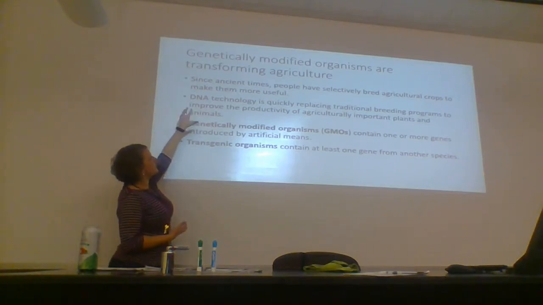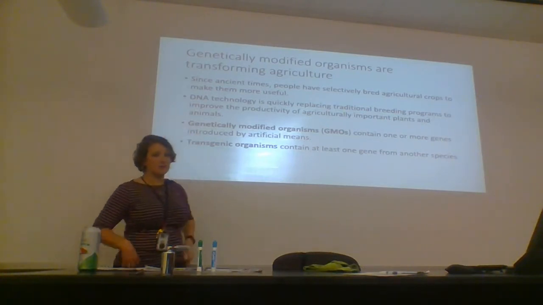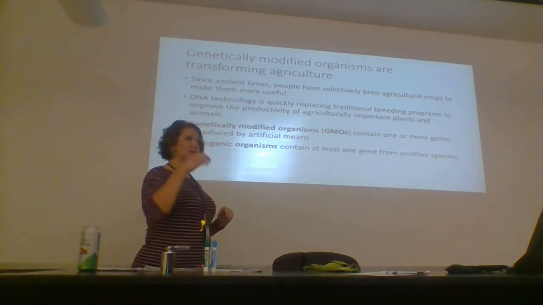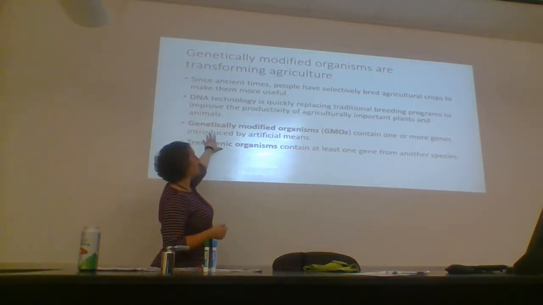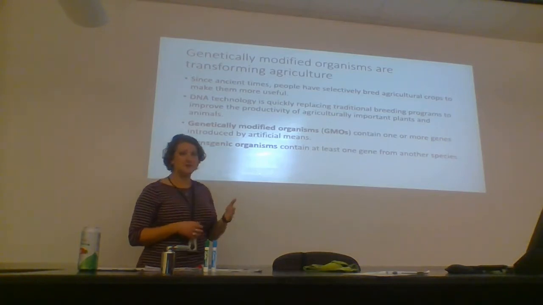DNA technology is quickly replacing traditional breeding programs to improve the productivity of agriculturally important plants and animals. The consumer issue is what drives some of this. It's for a purpose. Genetically modified organisms contain one or more genes introduced by artificial means.